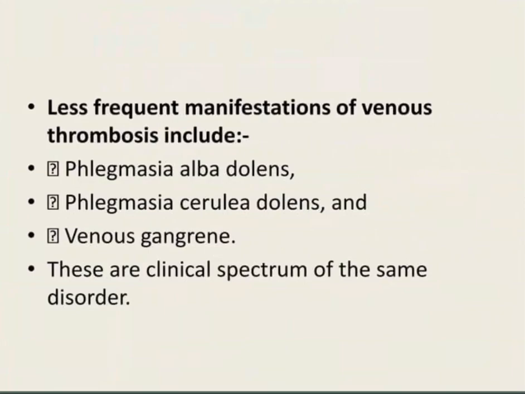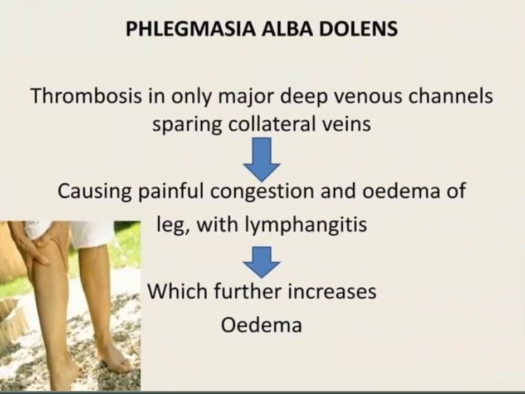Okay, some of the complications of venous thromboembolism, of a deep vein thrombosis, are what we call pulmonary embolism. We've got phlegmasia alba dolens, we've got phlegmasia cerulea dolens, and venous gangrene. Okay, these are just a clinical spectrum of the same disorder. Now phlegmasia alba dolens is simply a thrombosis in one of the major deep vein channels.